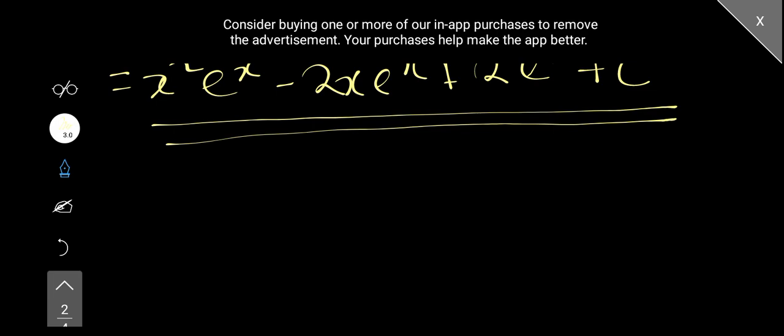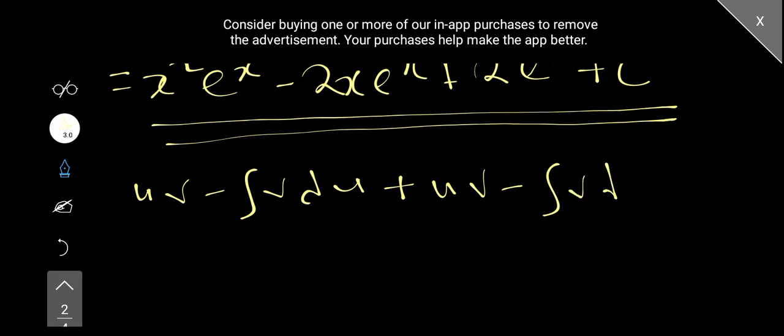You'll discover that when you start integrating with the formula uv minus the integral of v du, after integrating all this, if you still have two functions inside the integral, you should redo the same formula of integration by parts. If it goes on like that and is still leaving two functions inside, you again redo the formula: plus uv minus the integral of v du.